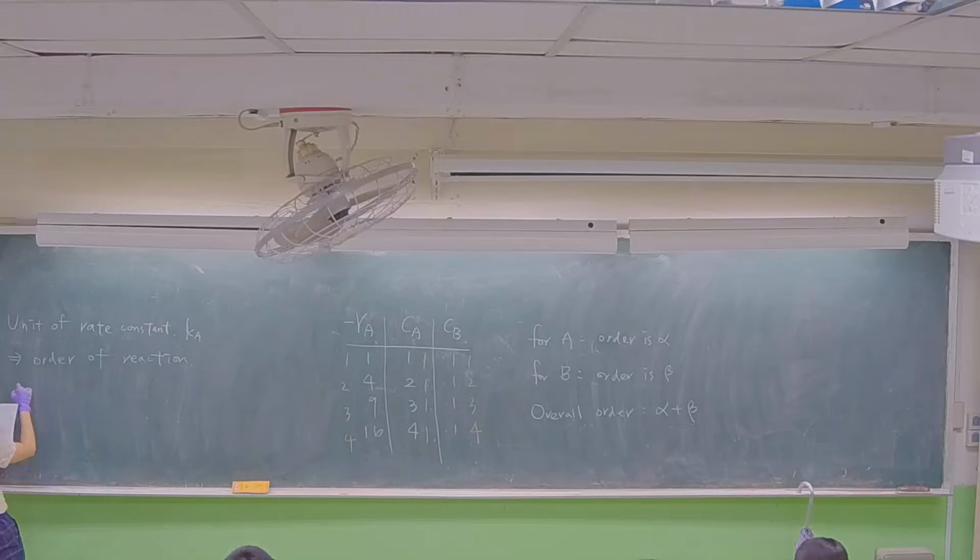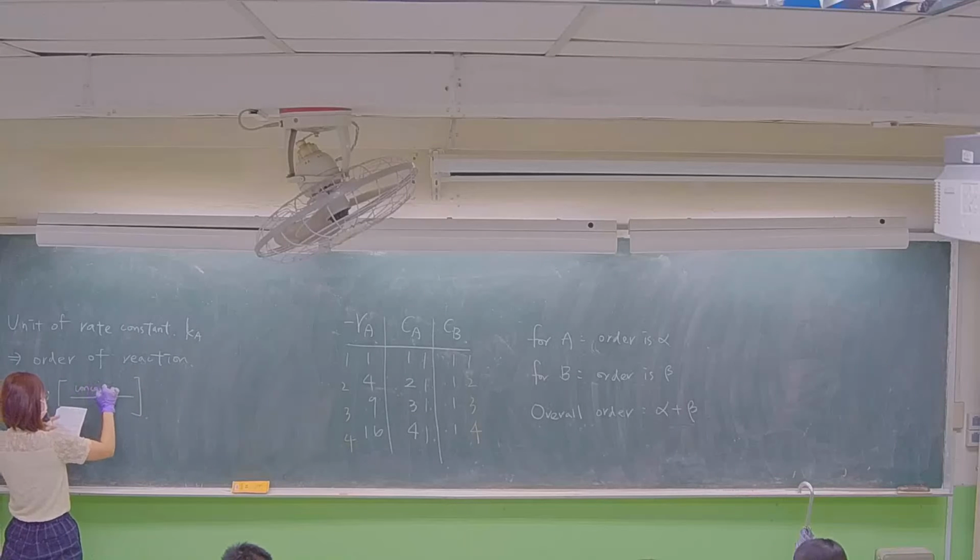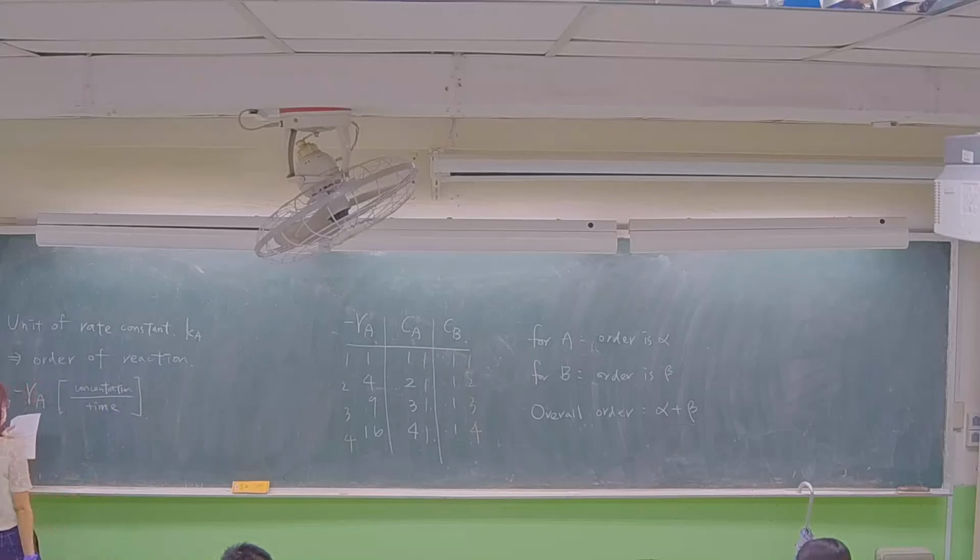Okay, the unit for minus Ra, the unit for reaction rate, is always, do you remember? Always concentration over time. Always. The definition: in a period, what's the change of concentration? That is called the reaction rate.